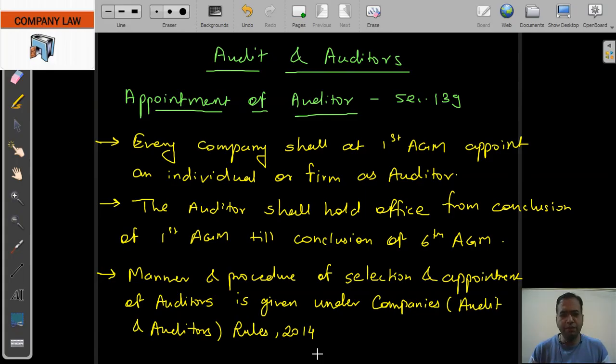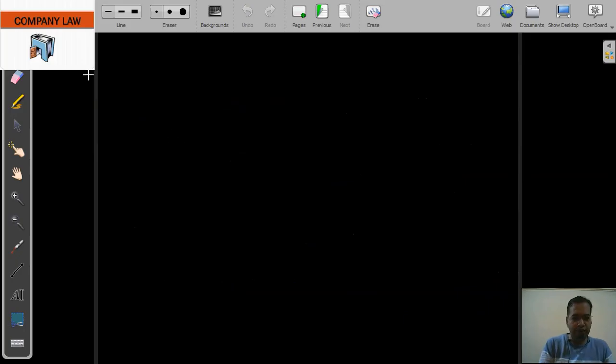Before the appointment of the auditor is made, consent is required.